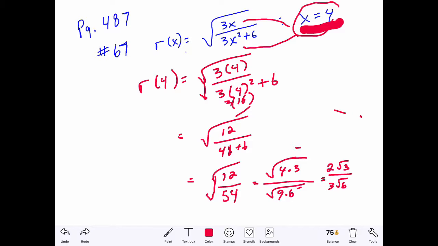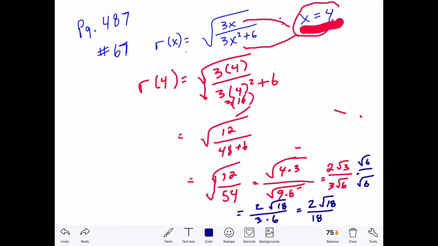Well, remember I have to rationalize when I have a radical in the denominator. Okay, so let's rationalize. So that's times. Now, when I multiply, I don't multiply by 3 root 6 top and bottom, just what's under the radical there. Okay, so that would equal now 2 root 18 over 3 times the root of 36, and the root of 36 is 6. 3 times 6, so that'd be 2 root 18 over 18.